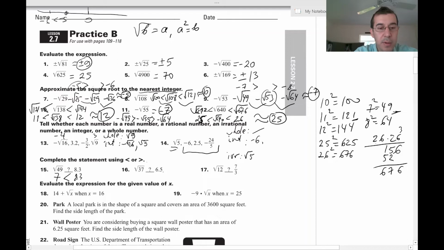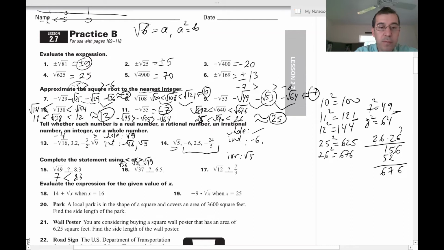How do I know that? Well, on one side we have the square root of 36, on the other side the square root of 49. So the square root of 37 is between them, and very close to the square root of 36, so it's 6.1 something. It's not going to be 6.5. 6.5 is about the square root of 42 or 43, since 49 minus 36 is 13 and half of 13 is 6.5.